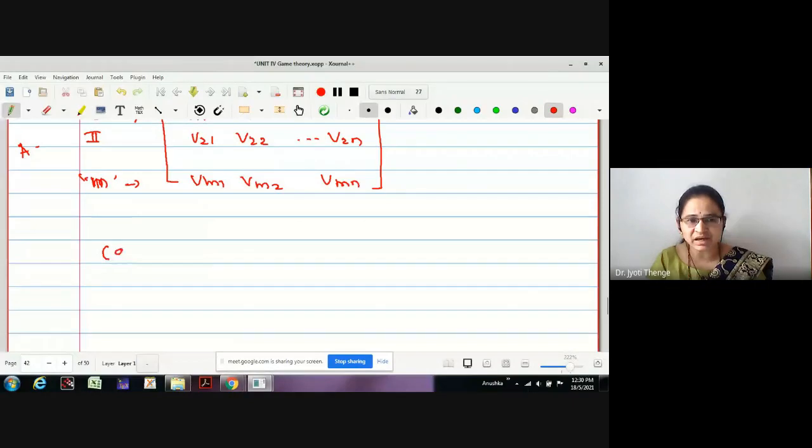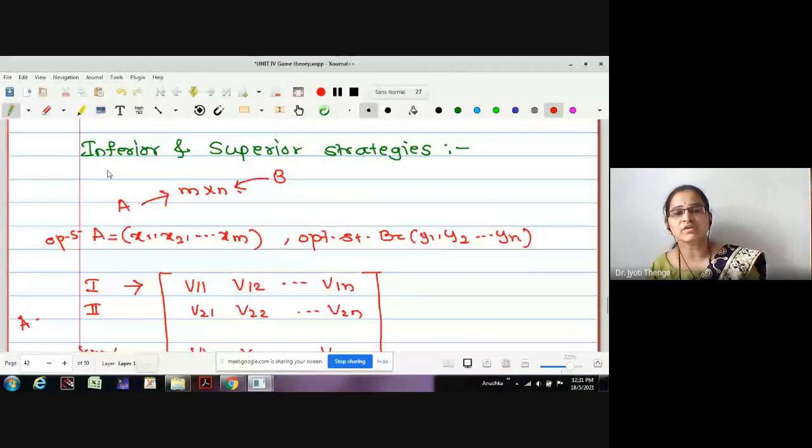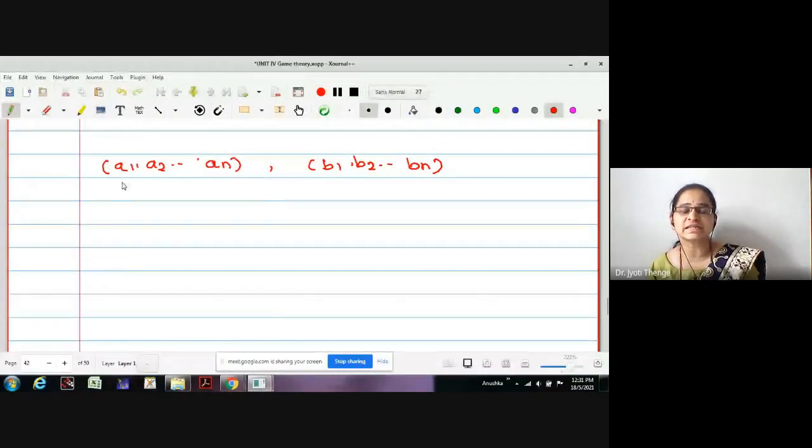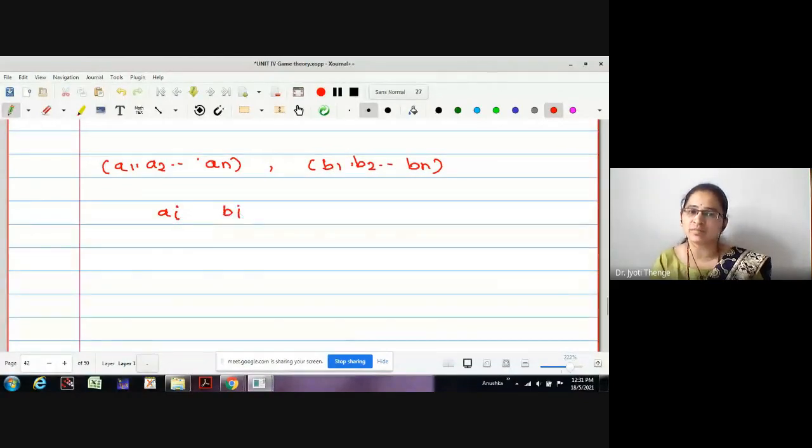Let me, for the time being, write with a simple notation, say A1 to An, and some other row B1 to Bn. Now we are going to define a relation of inferior and superior. This relation is defined by comparing every coordinate of both vectors, that is, a comparison between Ai and Bi. Now, if Ai is greater than or equal to Bi.